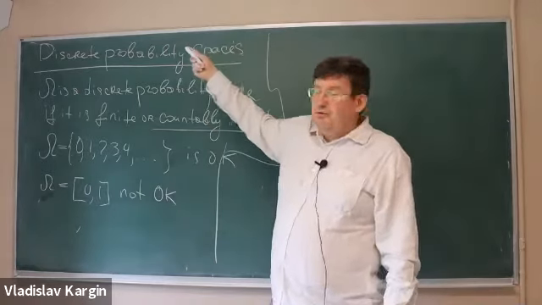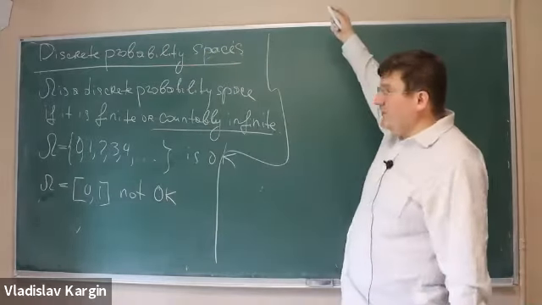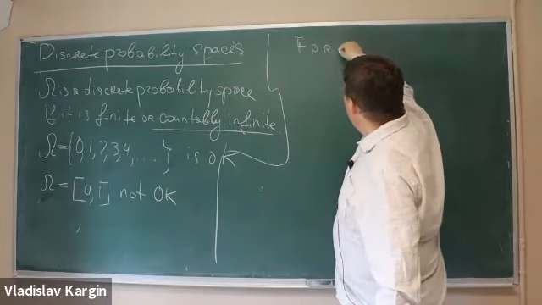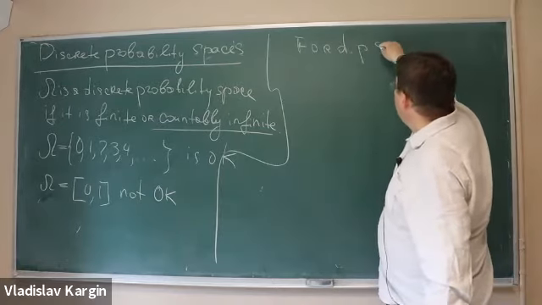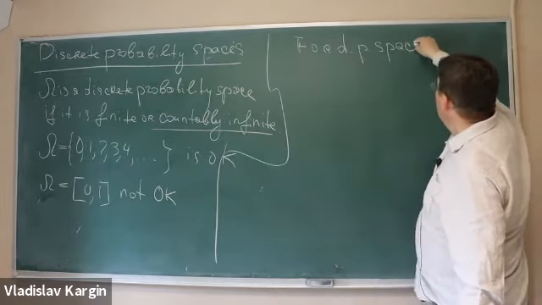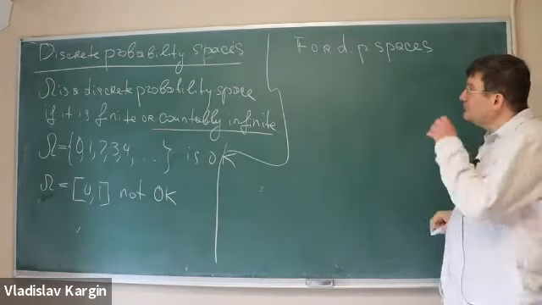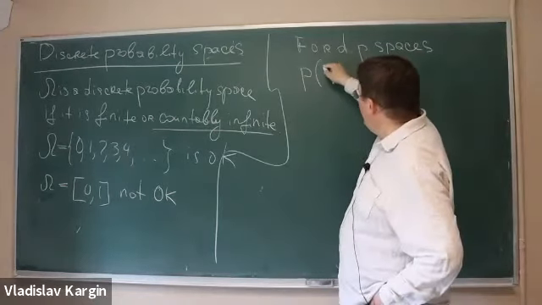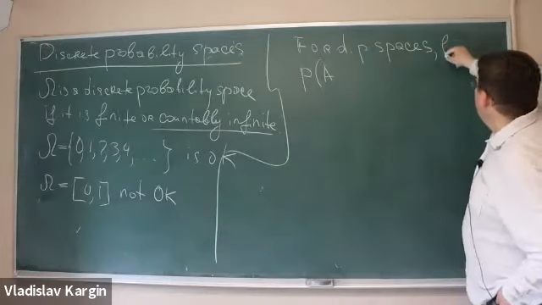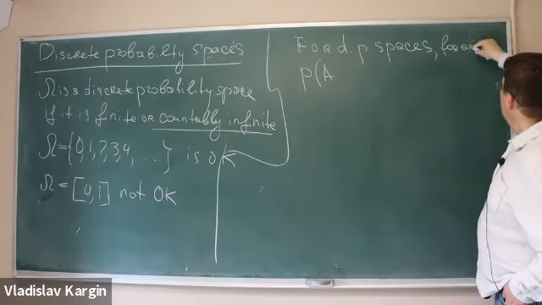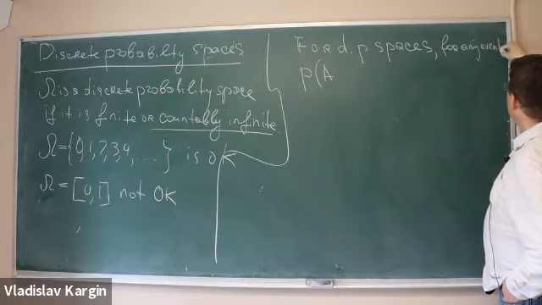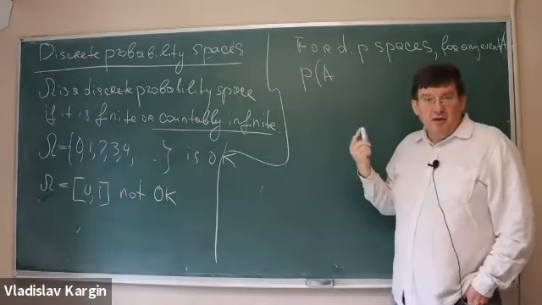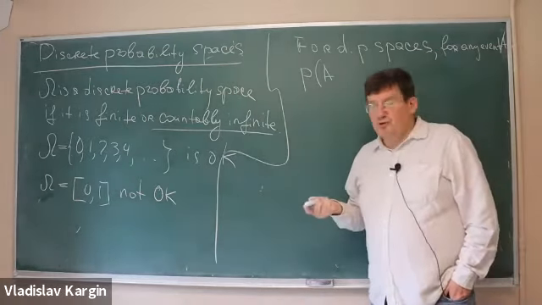In this situation, it's very easy. So for discrete probability spaces, the probability of event A, for any event A, right? An event, remember, is a subset of outcomes of the experiment which you are interested in.